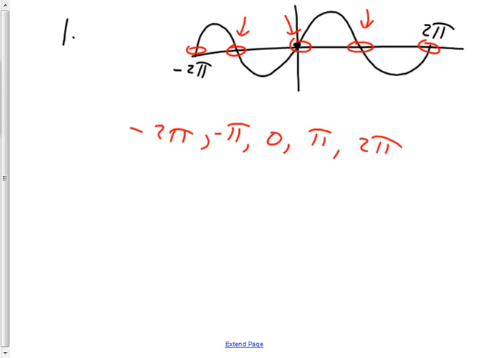Next one. Where on the interval negative pi to pi is the graph increasing? That means from negative pi, which was right here, to pi, which is right here, in the green zone, so to speak, where is it increasing? Well, it's increasing right here, but how do I say that? From where to where? From there to there.